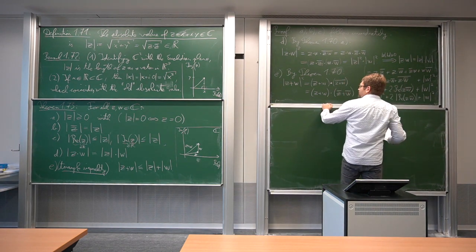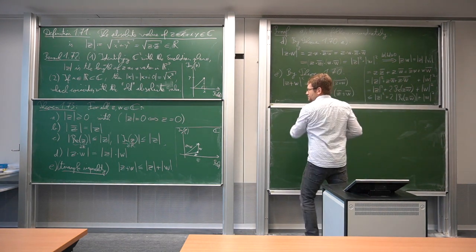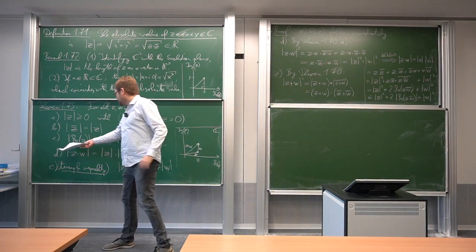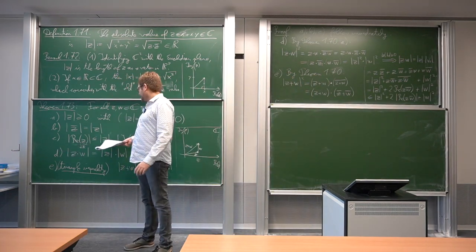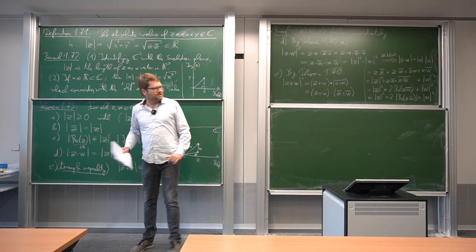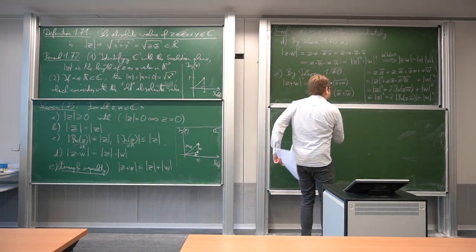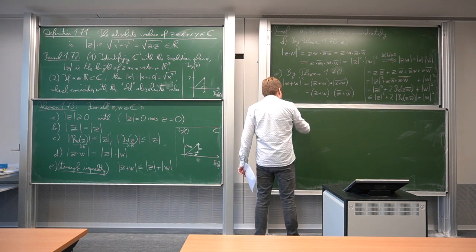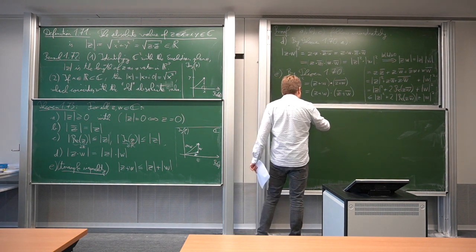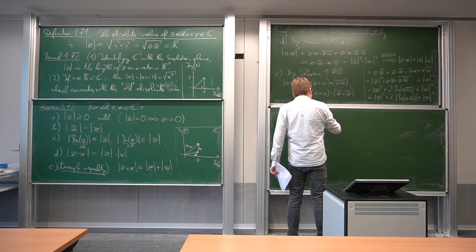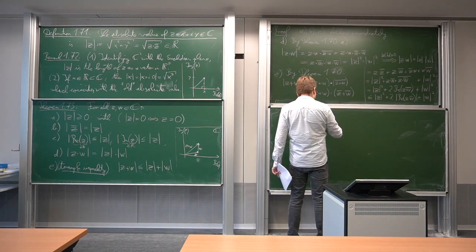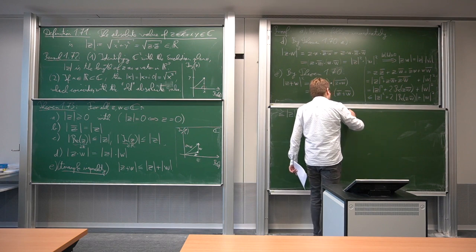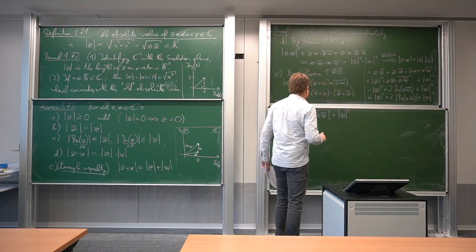Okay, but then we've seen, no, it was part C we can directly use here, because we can now estimate the real part by the value of the number itself. So we get rid of this real part in the middle, and it turns out that this is then bounded from above by the absolute value of z squared plus twice the absolute value of z w bar plus the absolute value of w squared.